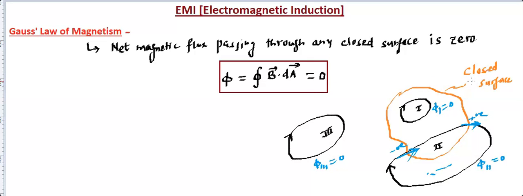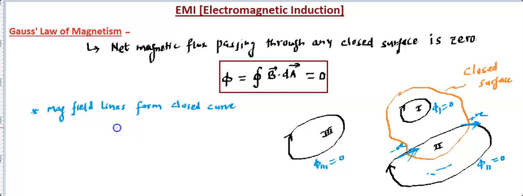And this is solely because of the property of magnetic field lines. That property is important: magnetic field lines form closed curves. So whenever field lines form closed curves, you'll find their flux will always be 0.